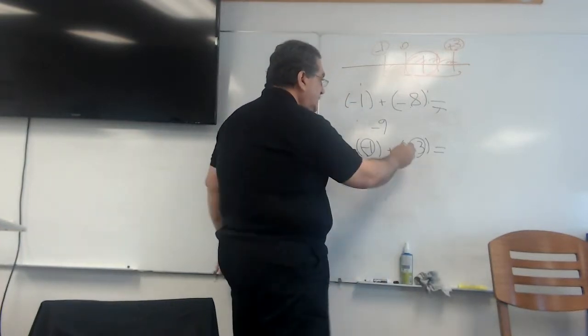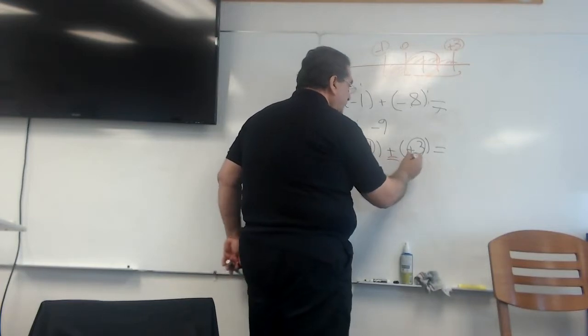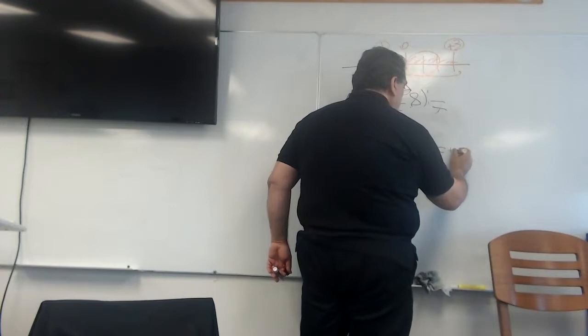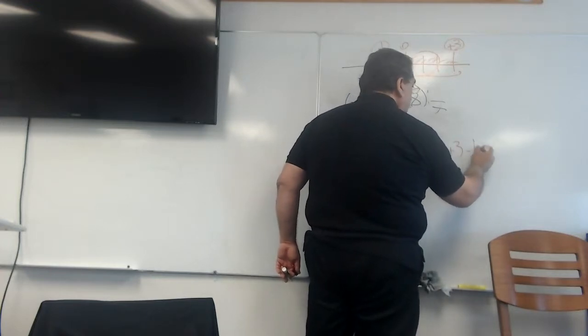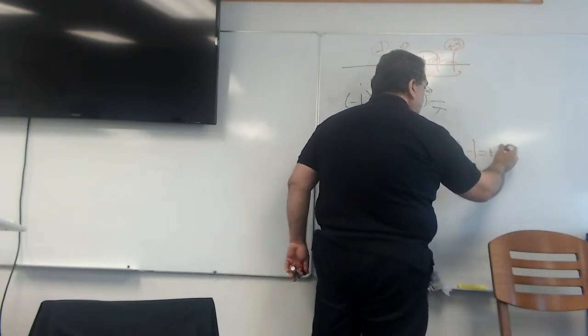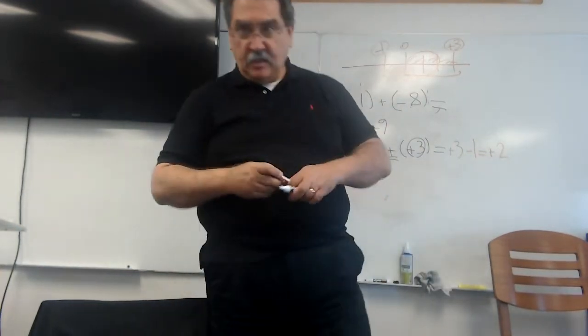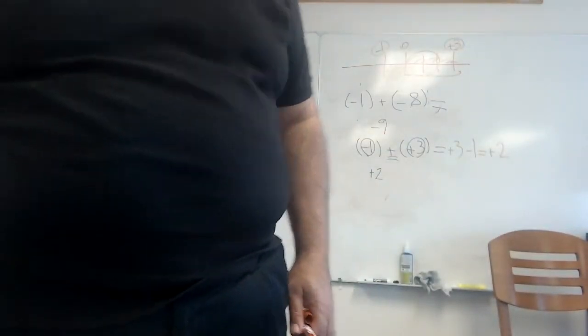Because minus 1 plus 3 can also be written as 3 minus 1, and the answer is 2. Okay? So minus 1 plus minus 8, what was the answer? Minus 9. You're moving away from 0.